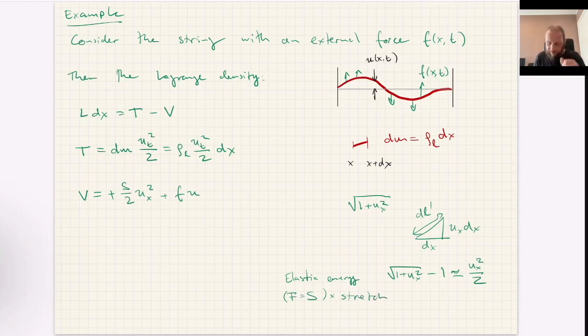And the stretch here is this dL prime, the length of the string segment now minus the rest length of the segment, so that's dL prime minus dx. So this is the square root of 1 plus ux squared minus 1, times dx, right? So that gives you exactly this term once you expand the square root.